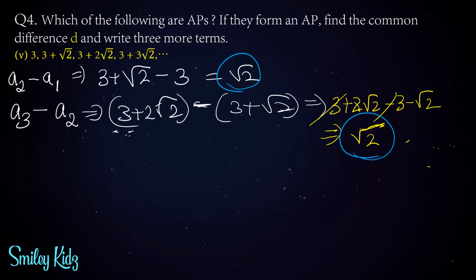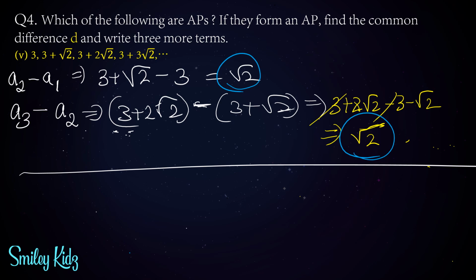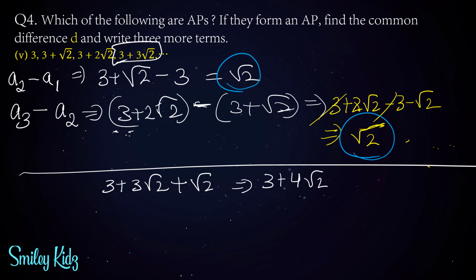Now we're going to find out the next three terms, isn't it? So you're going to just add root 2 to the last term. So our last term was 3 plus 3 root 2 over here. You're going to add root 2 to it. You get 3 plus 4 root 2. That will be your next term. Then 3 plus 4 root 2 plus root 2 will give you the next term, which is 3 plus 5 root 2.